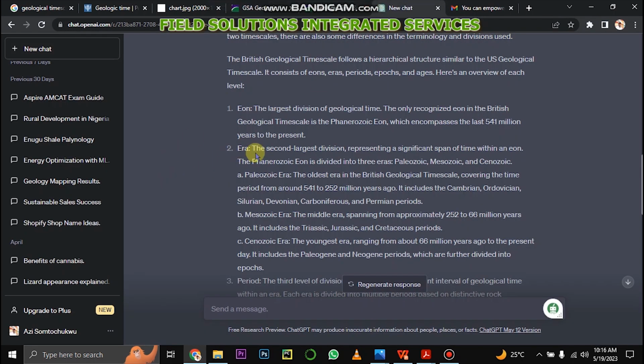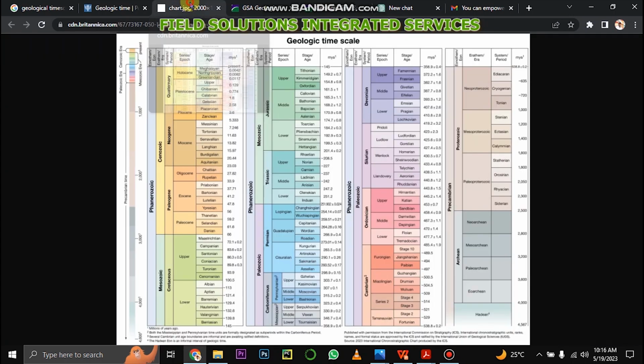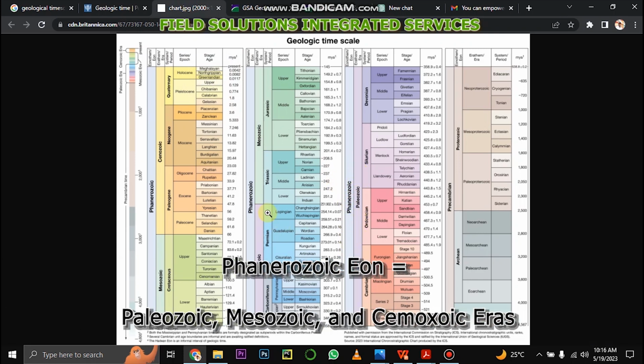We are talking about the eras, and we describe the eras as the largest subdivision within an eon. So in a recognized eon, which is the Phanerozoic eon, we have Paleozoic era, Mesozoic era, and Cenozoic era.